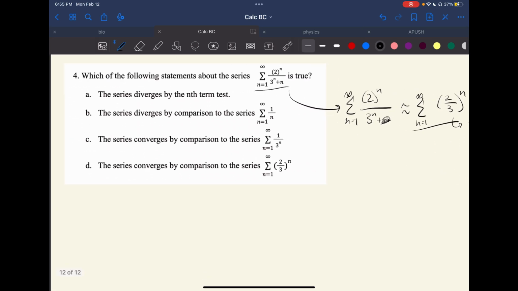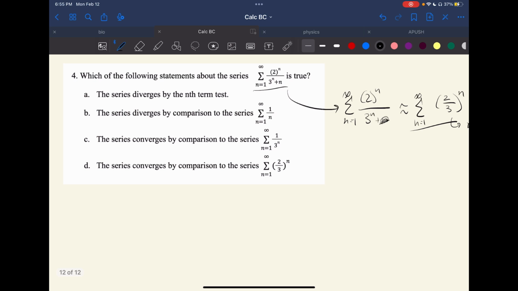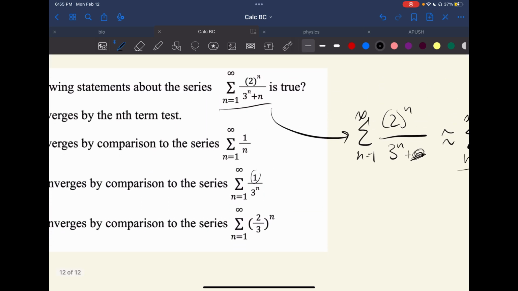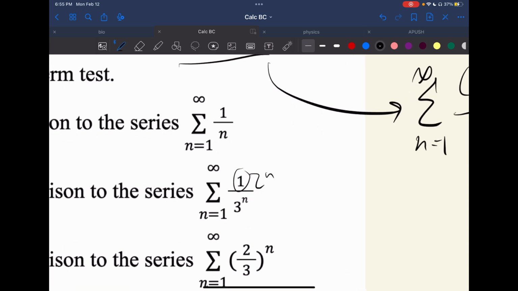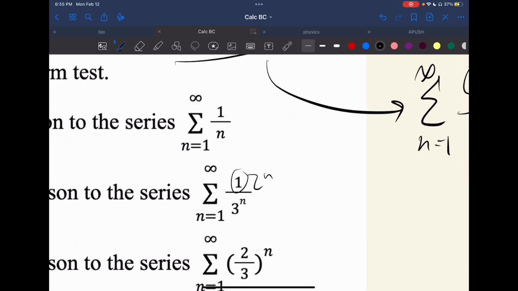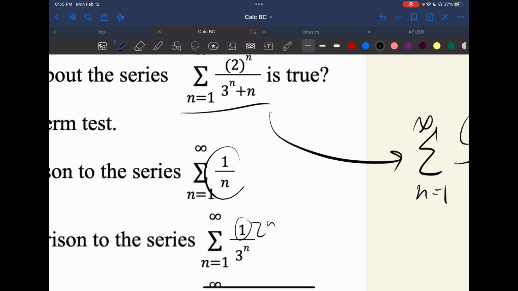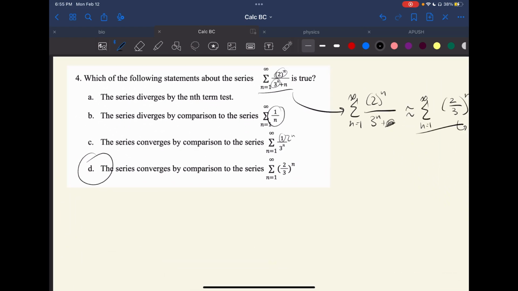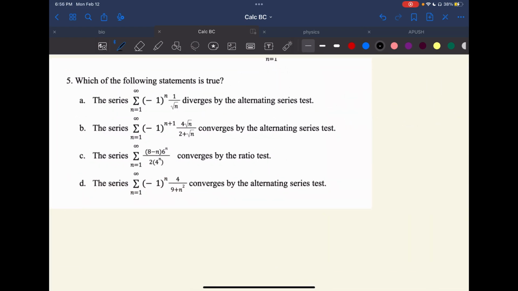So out of all of these, it's going to be D, because this is missing the 2 to the n. It's not realistic. This one, just no. It's missing a lot of parts of it.